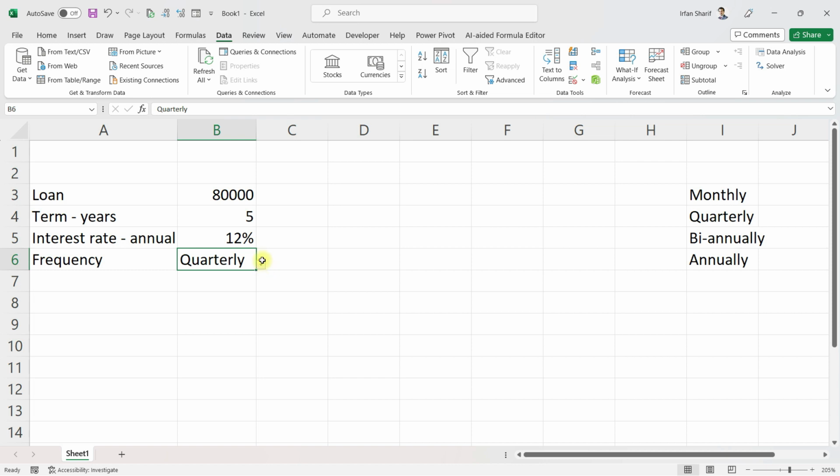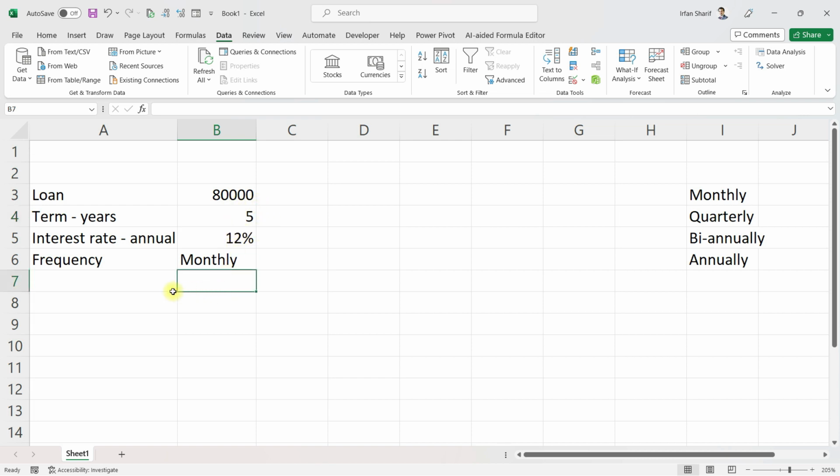What that means is, if you are saying that your installments are being made quarterly, the interest rate should also be for the quarter, and total term of the loan should also be mentioned in quarters. Similarly, if I make it monthly, now here we have to choose the interest rate, which should be the monthly interest rate, and the term of the loan which should also be mentioned in months.